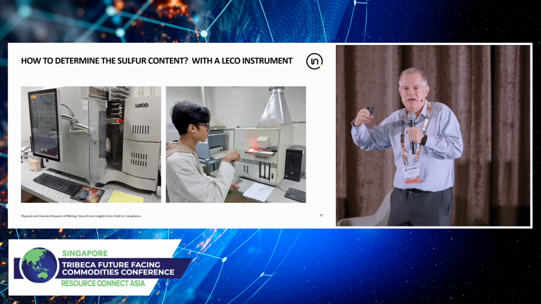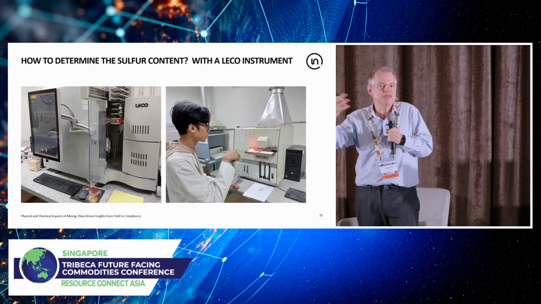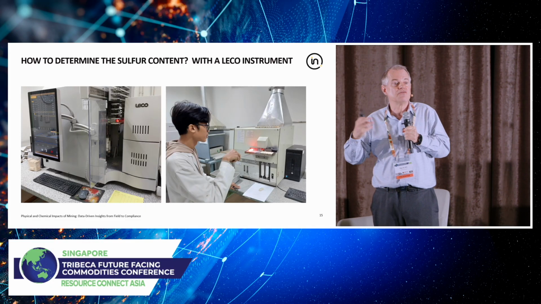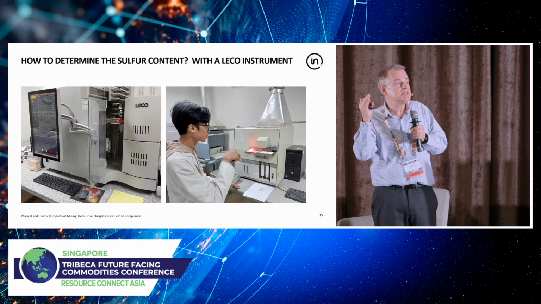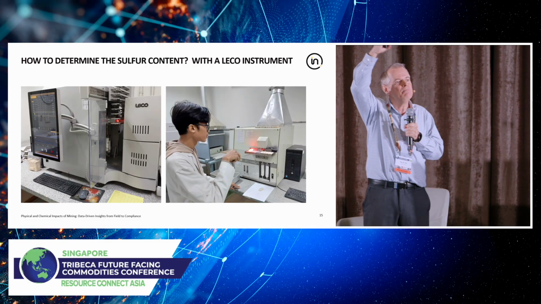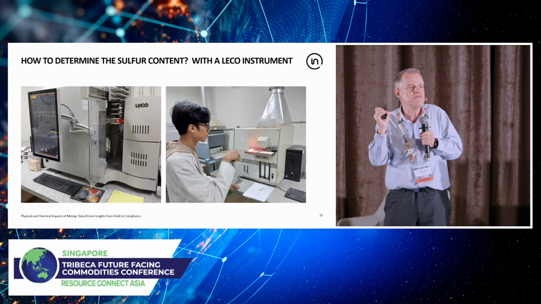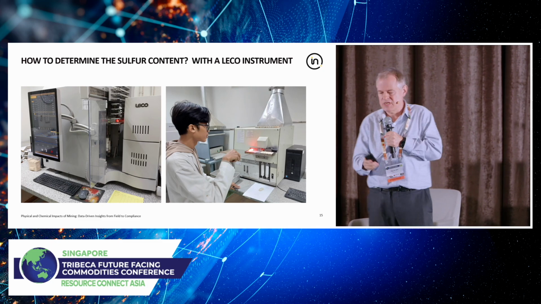At the same time, pure oxygen is being sprayed onto the sample. In this condition, the sulfur inside the rock gets converted to sulfur dioxide gas, and it's this sulfur dioxide gas that we measure through an infrared detector. That will give us a very accurate reading of the primary sulfur content of this rock.